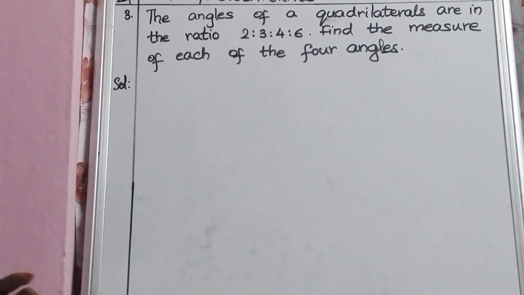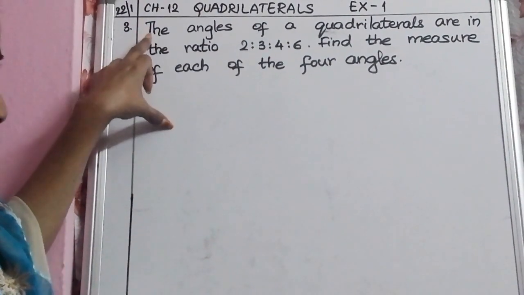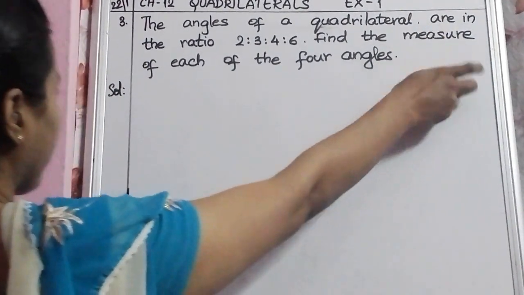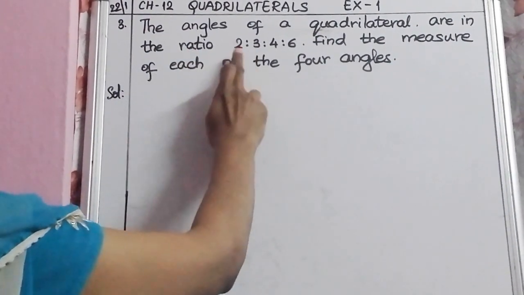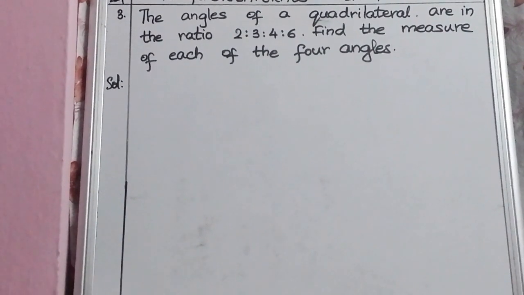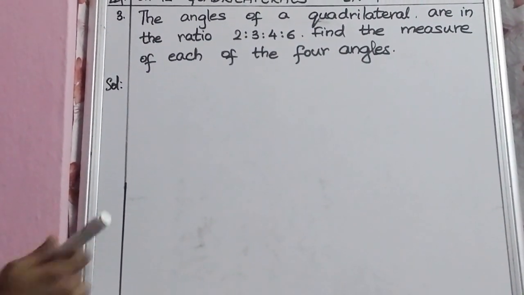Let us do the third problem. The angles of a quadrilateral are in the ratio 2:3:4:6. Find the measure of each of the 4 angles.